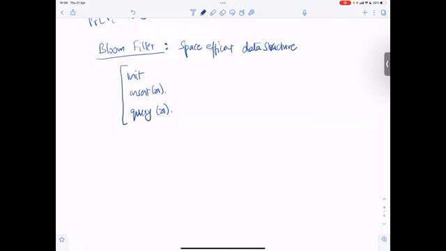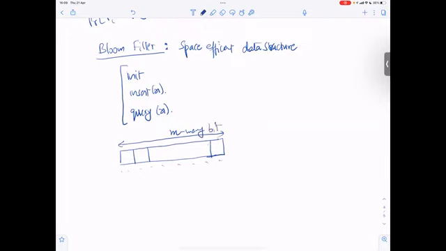We use the idea of hash functions to do this. So what we will do is, in the init, we will create an array consisting of m many bits. M bits.